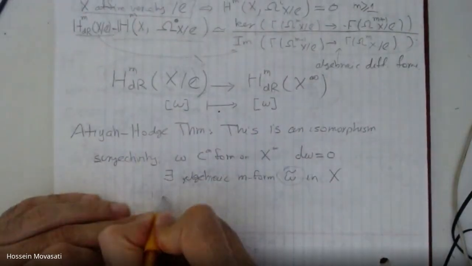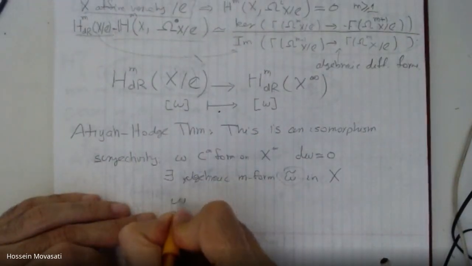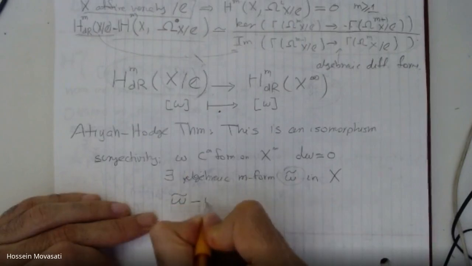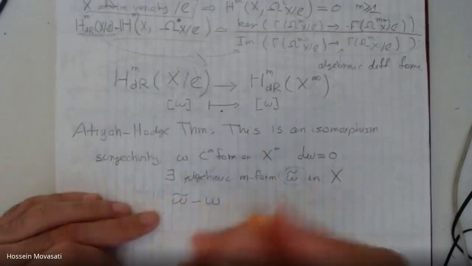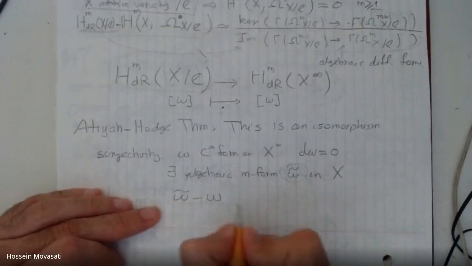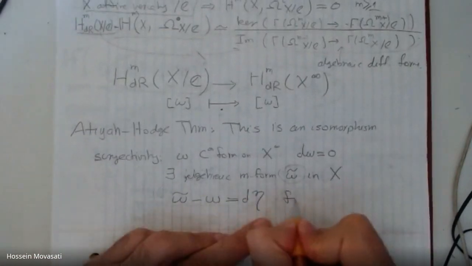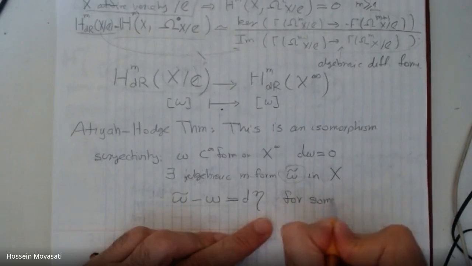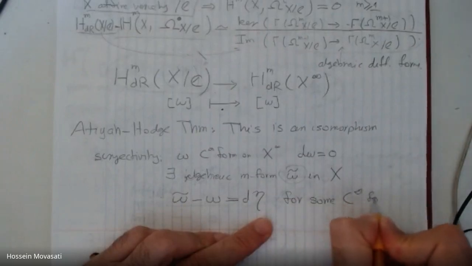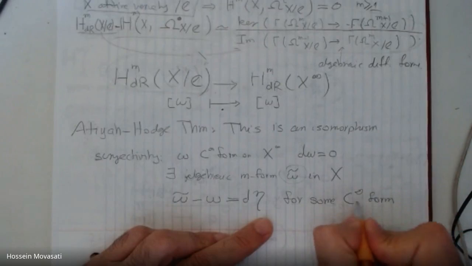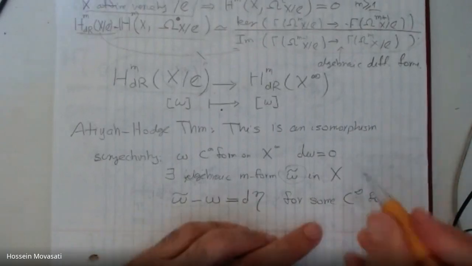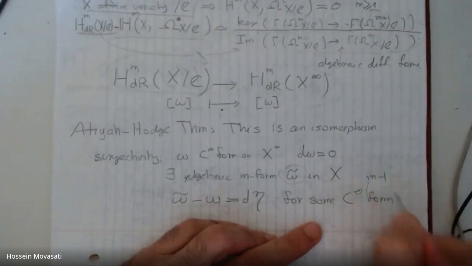When I look at it as a C-infinity differential form, the difference must be 0 in cohomology. What does it mean? It must be d eta for some C-infinity (m-1)-form eta.